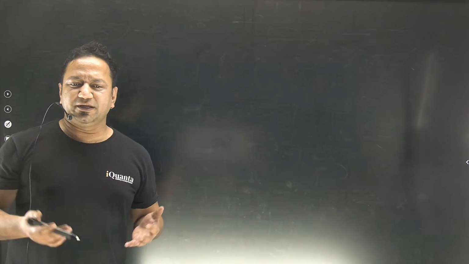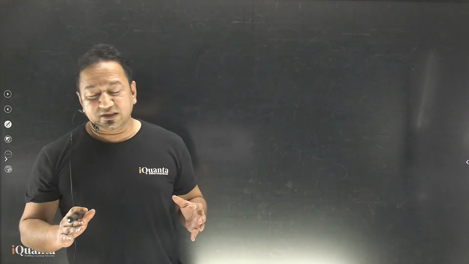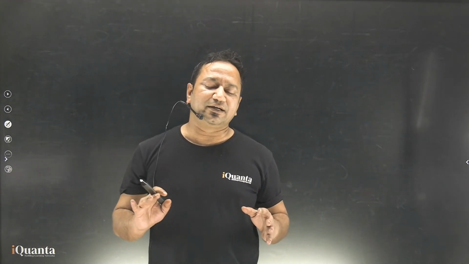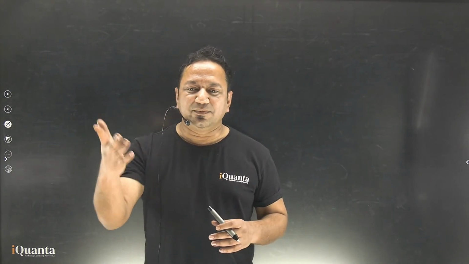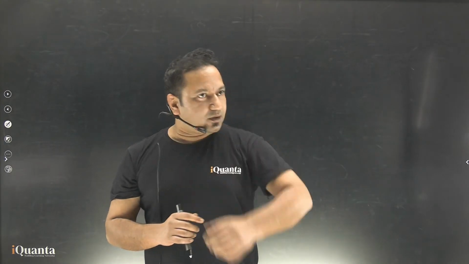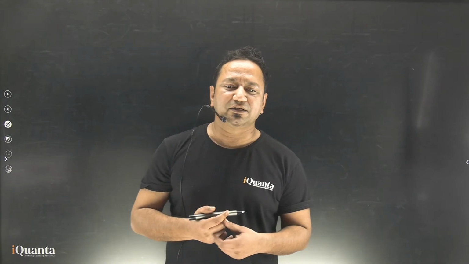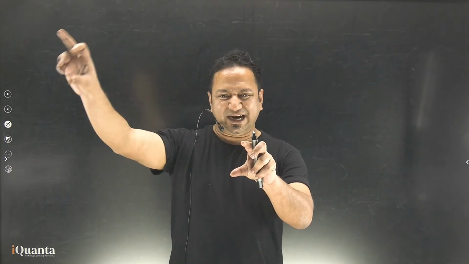And yes, we can use a calculator, but I'll tell you something. A calculator should be used when the calculations are very complex. In data interpretation questions, we should use calculators because there we can have products in decimals. But here, when something can be done quickly without using calculators, you will be saving a lot of time. I'll tell you why. In CAT, the online calculator is in the top right corner.